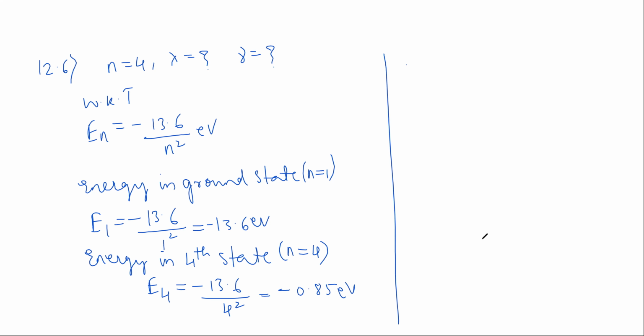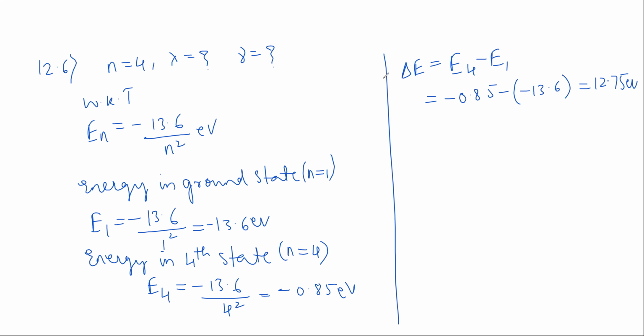So we need the difference. Delta E is calculated as E4 minus E1. E4 is minus 0.85, E1 is minus 13.6. Simplifying, we get 12.75 electron volt.